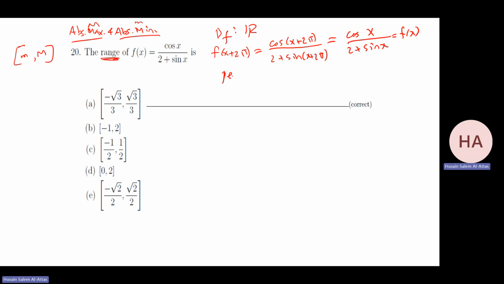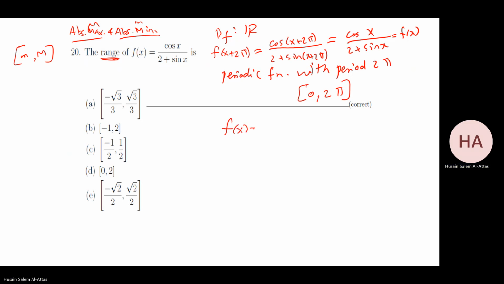So it's a periodic function with period 2 pi. That means instead of doing the function over R, I will do it only over the interval between 0 and 2 pi, because the rest is just a copy of it. So I need to check the function over this interval.